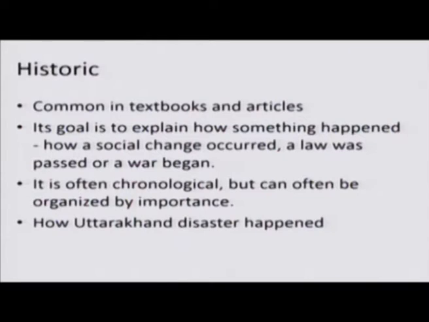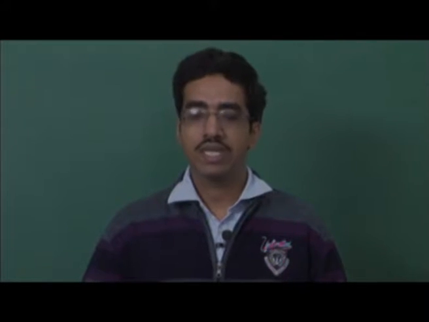As the name itself suggests, this is something which has happened in the past. For example, how a social change occurred, or how a law was passed, how a war began. So, some event, something which has already happened in the past, is explained in historic process analysis.